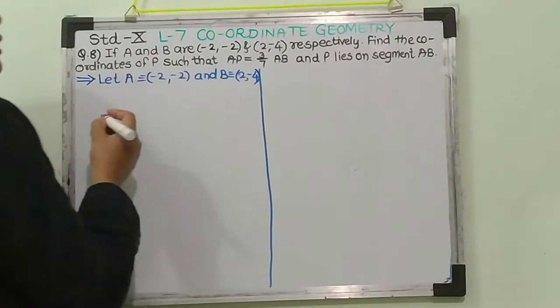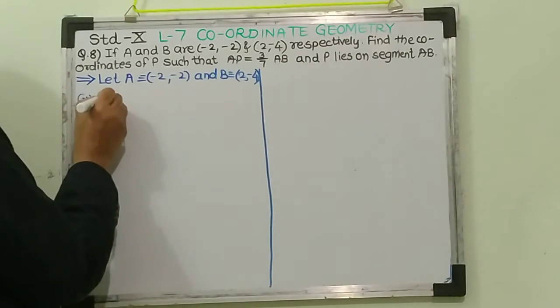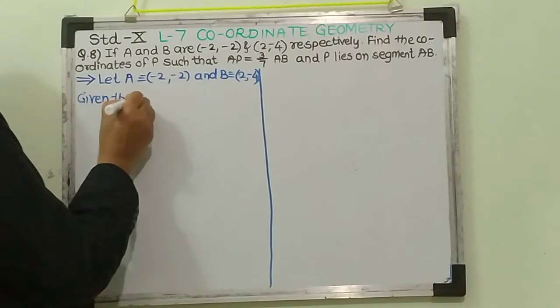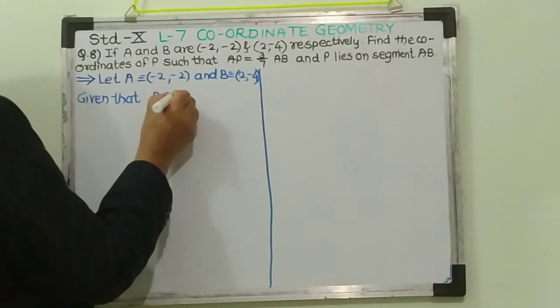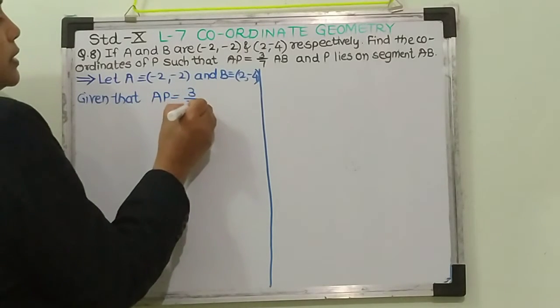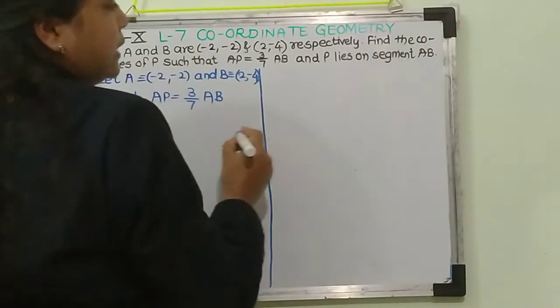So here we are given that AP equals 3/7 AB and P lies on segment AB.